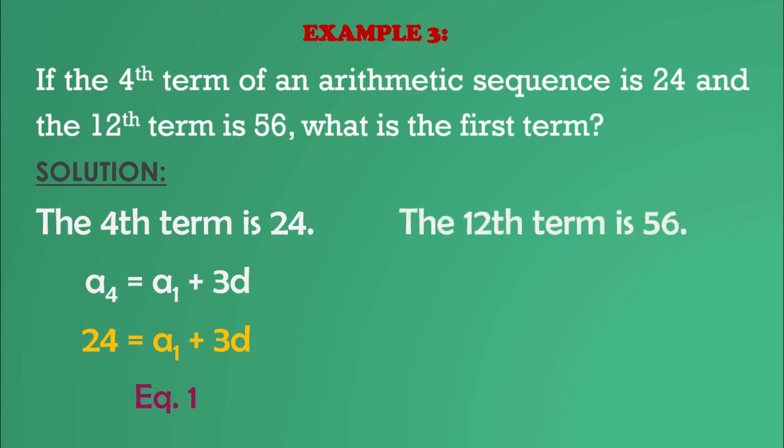Next, we're also given the 12th term. So the 12th term here is 56. Therefore, we can use this formula a sub 12 equals a sub 1 plus 11d. Replacing a sub 12 by 56, we get 56 equals a sub 1 plus 11d. Now let this be our equation number 2.